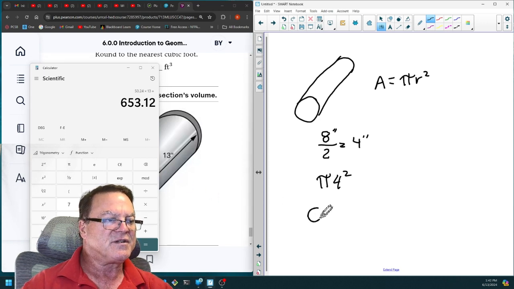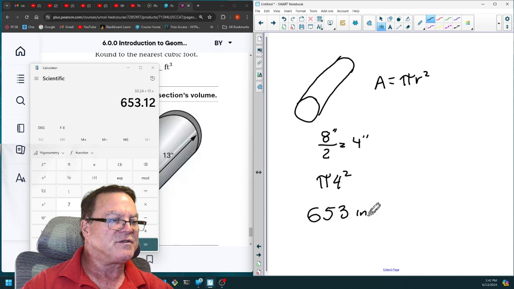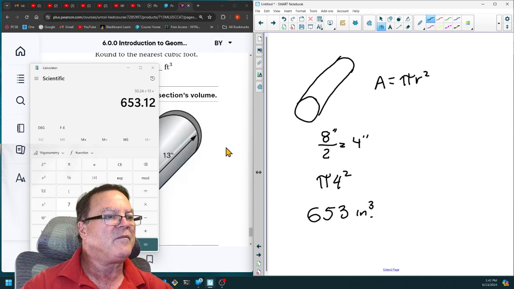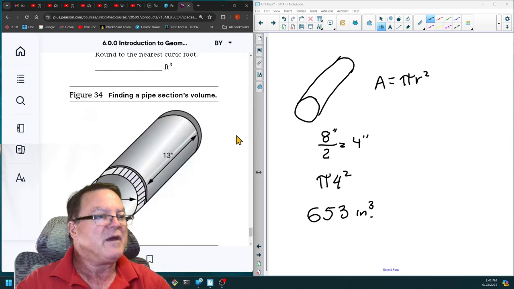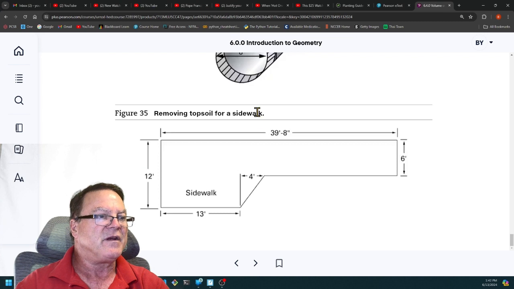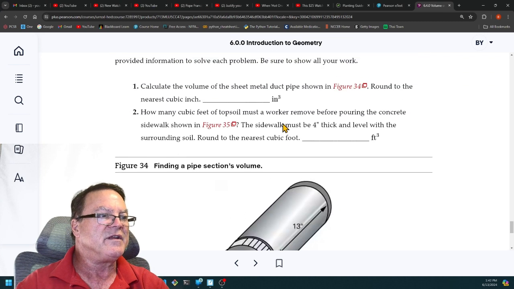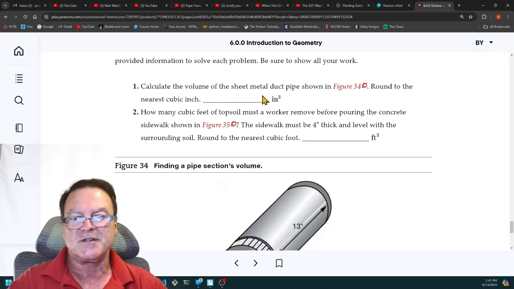So 653 cubic inches, inches cubed. There we go, 653. Did they give us, oh, they didn't even give us multiple choice here. They just want us to fill it in, 653.